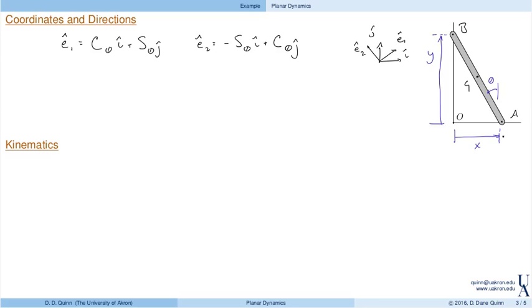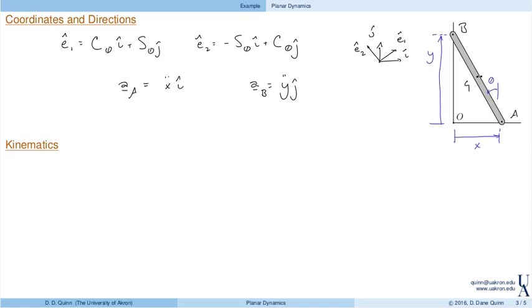Now, again, the blocks are constrained so that the acceleration of point A is x double dot in the I direction, while the acceleration of B is y double dot in the J direction.